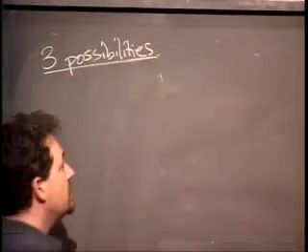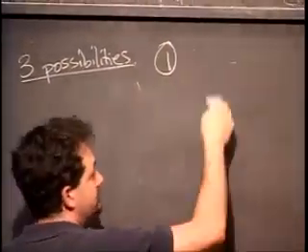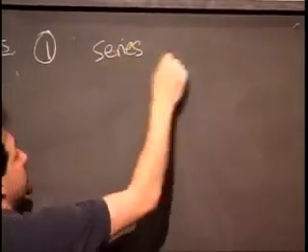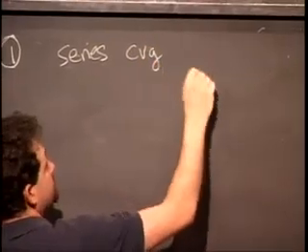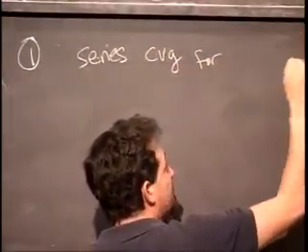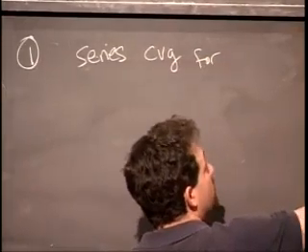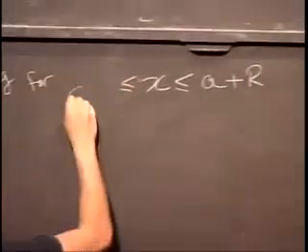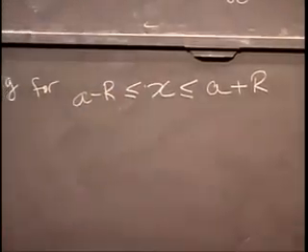Three possibilities. Possibility 1. The series converges for x no more than a plus r or less than a minus r.